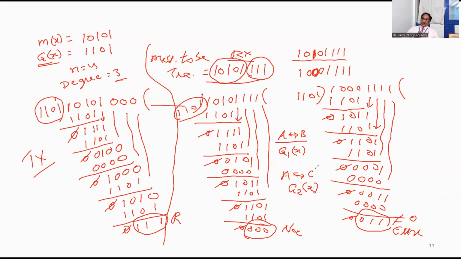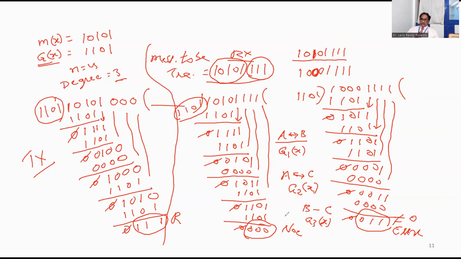Another pair can use a different generator polynomial. Likewise, as and when A is communicating with B, they will use G1X. As and when A is communicating with C, G2X. Suppose B wants to communicate with C, they may be using a third generator polynomial.